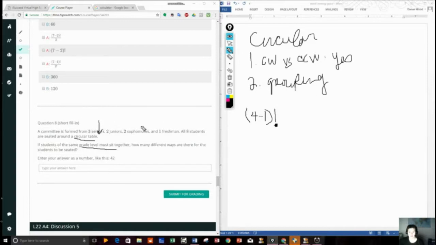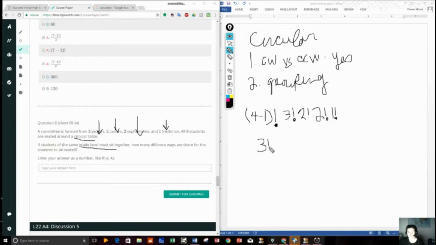Alright, so within each of those groups, there's 3 factorial ways to arrange the seniors. There's going to be 2 factorial ways to arrange the juniors, 2 factorial ways to arrange the sophomores, and 1 factorial way, or just 1 way to arrange the freshmen. So now 4 minus 1 is 3.